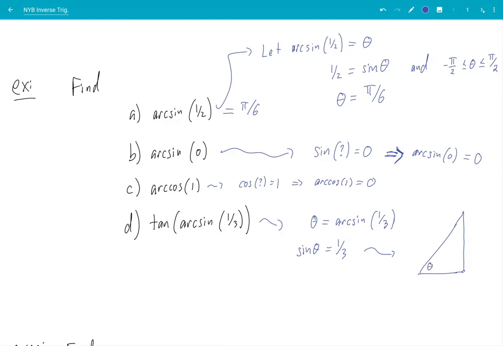So if I put my theta in my bottom left, sine of this theta is 1 over 3. So sine is equal to, you'll remember from trig, soh cah toa, opposite over hypotenuse. So that's my 1 going here, and my 3 going here.